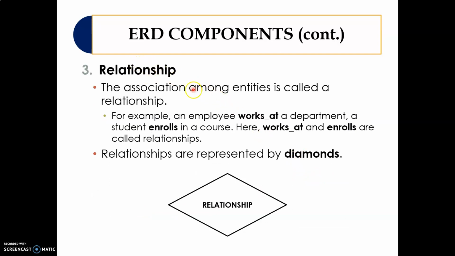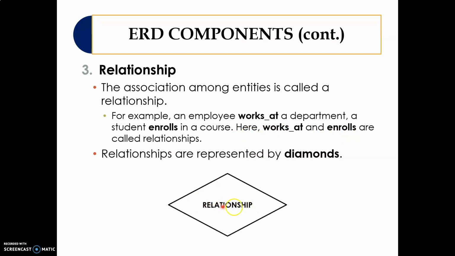The next component is the relationship. The association among entities is called a relationship. For example, an employee works at a company, or a student enrolls in a course. Basically, works at and enrolls are what we call relationships.